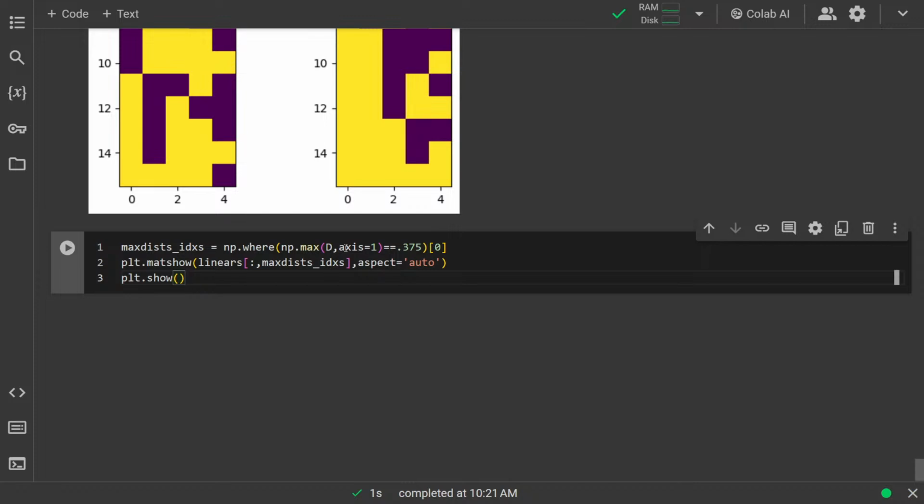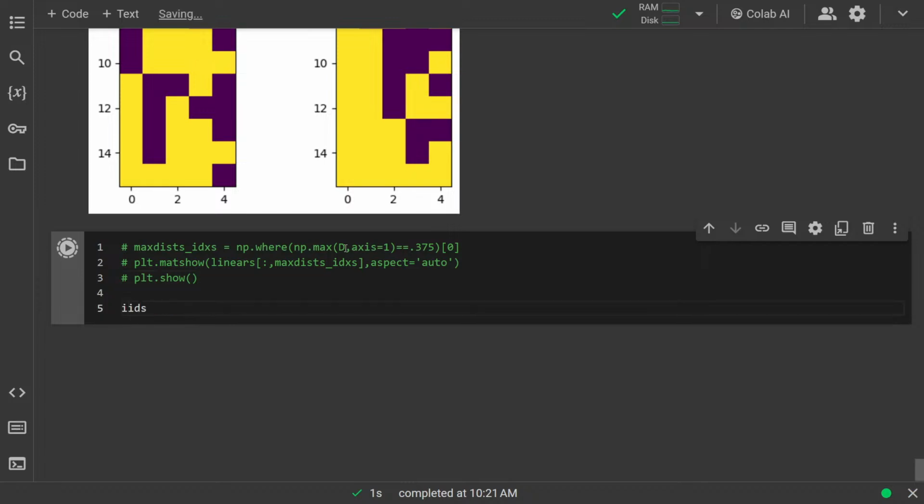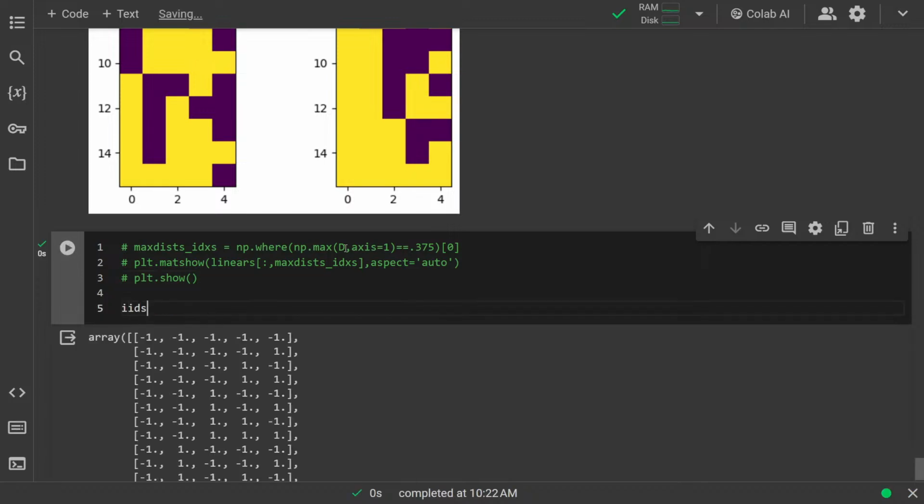Okay, so we just want, okay, do I have, right? Okay, so I said this is where each of those is equal to IIDs, like the first one. May or may not work.